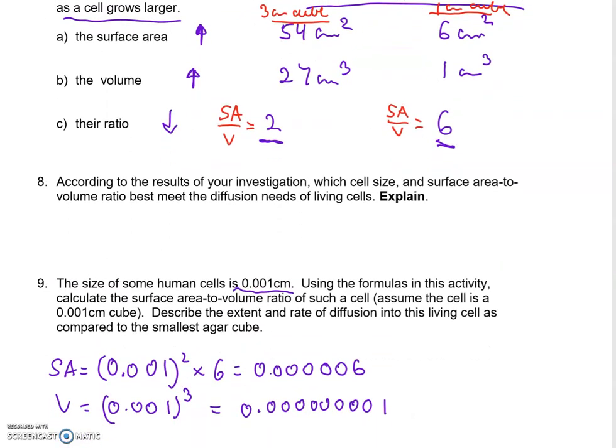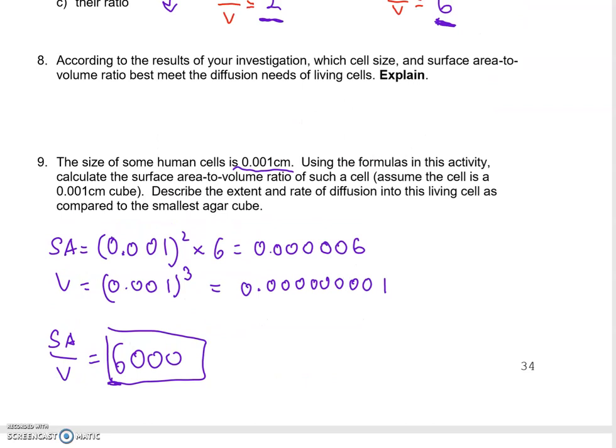You can see here the 1 centimeter cube already has a surface area to volume ratio of 6, but this tiny little cube that is realistically about the size of a cell has a surface area to volume ratio of 6,000, which indicates that we have a huge surface area compared to a tiny volume, and that's what you want. This way it's easy for cells to take advantage of diffusion.